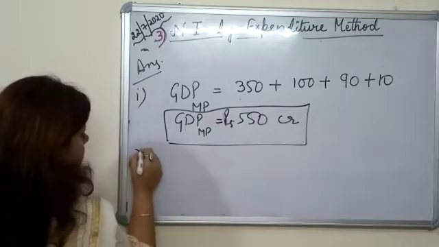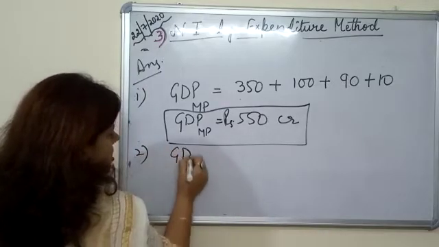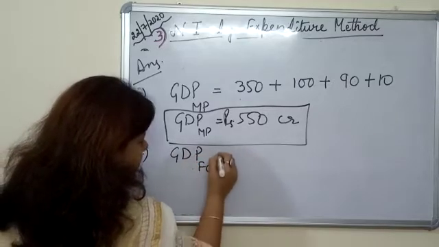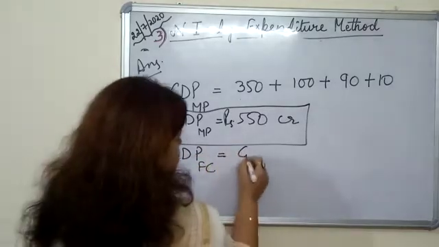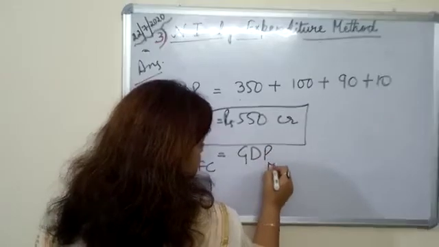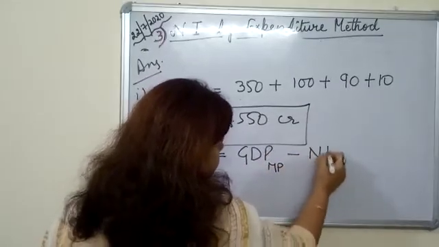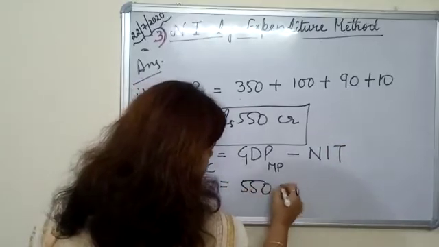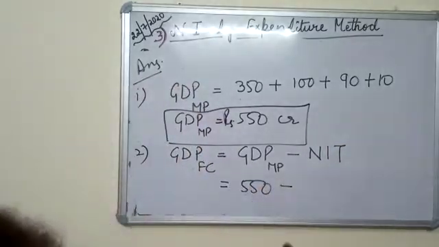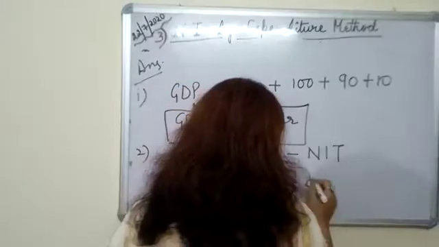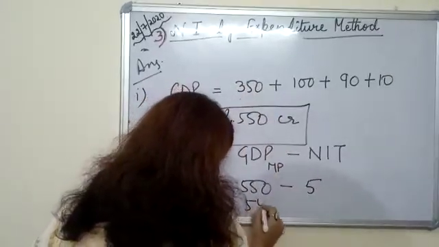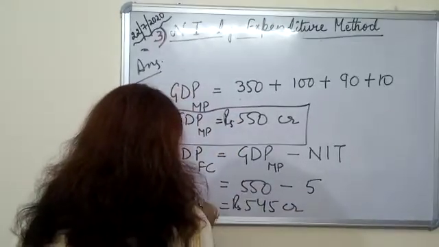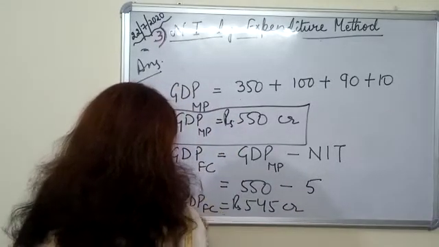Now what you have to calculate in second thing is gross domestic product at factor cost. So you can just simply deduct the indirect taxes from this, you will get the answer. The indirect taxes in the question is 5. So 545 crores is the answer for gross domestic product at factor cost.